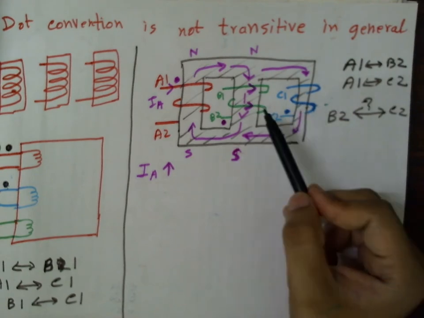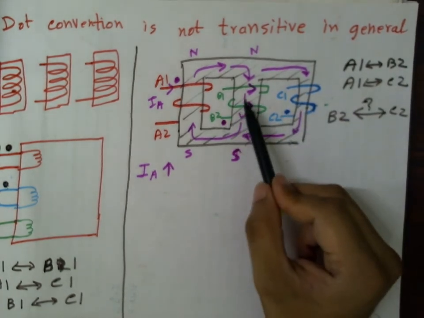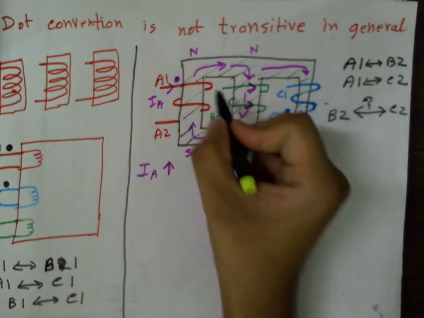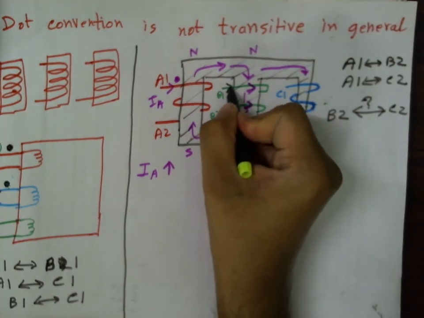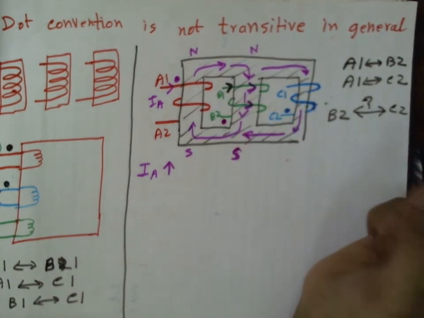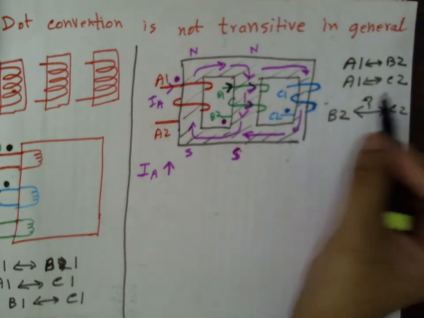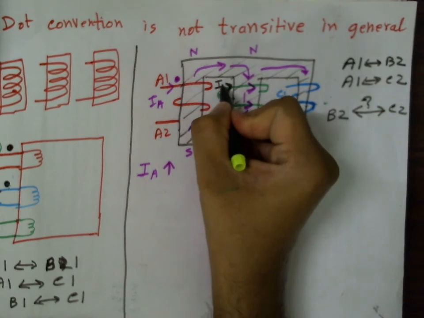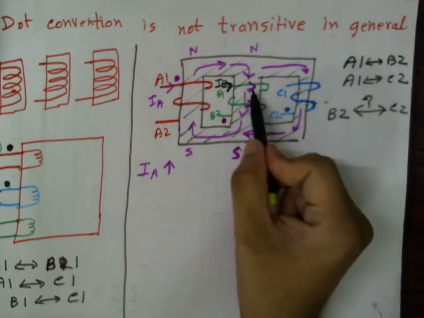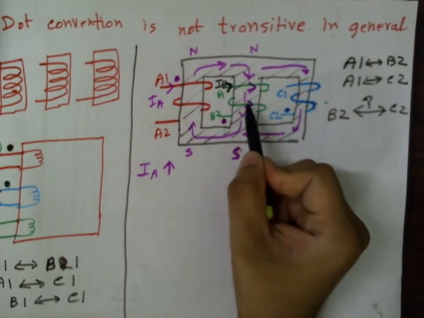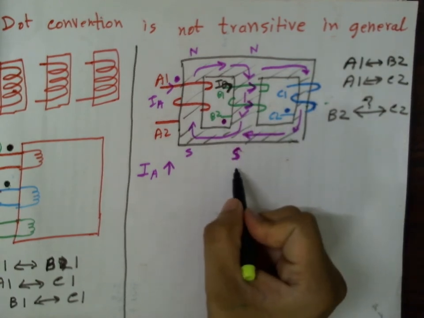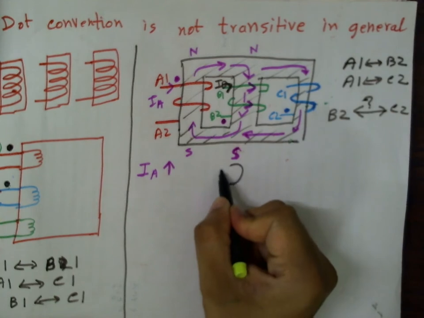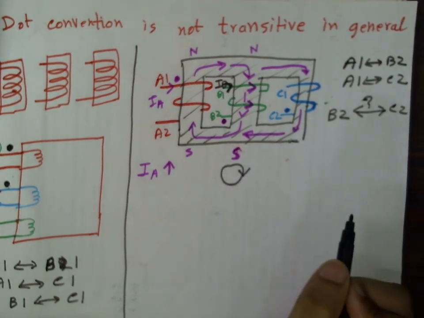Now let's drive a current, say, through either of these two coils. Let me take, say, this coil B as my active coil. Now, so this is IB. Okay, so IB is in this direction, which, when seen from the bottom, is in a clockwise direction.